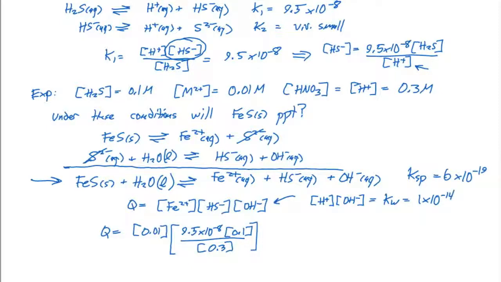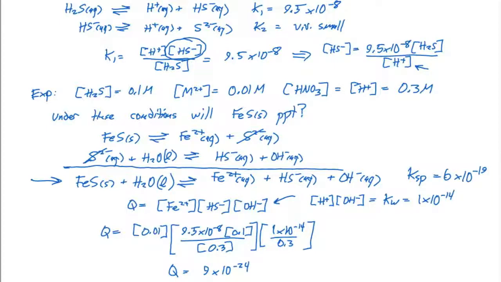So for our OH- concentration, we can plug in the value of 1 times 10 to the minus 14 divided by 0.3. If we multiply all of this out to get a value for Q, our Q is going to equal 9 times 10 to the minus 24.